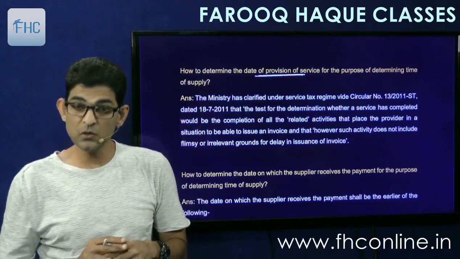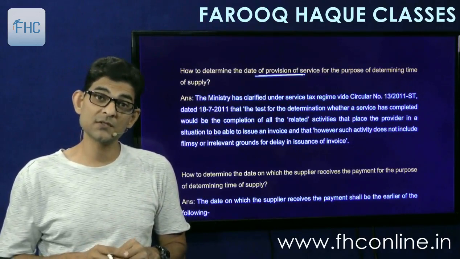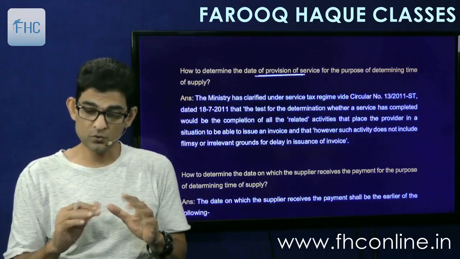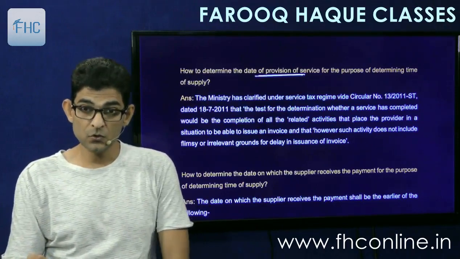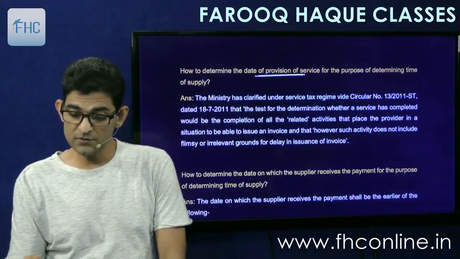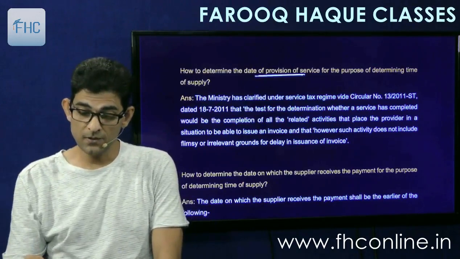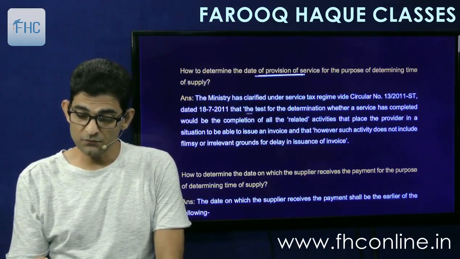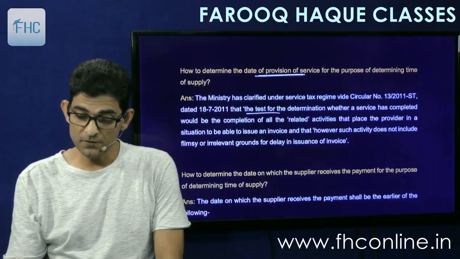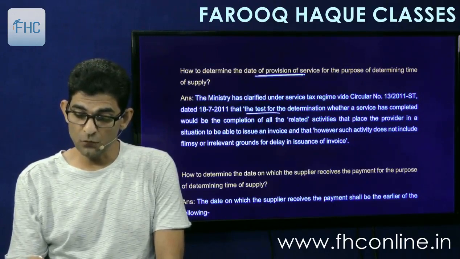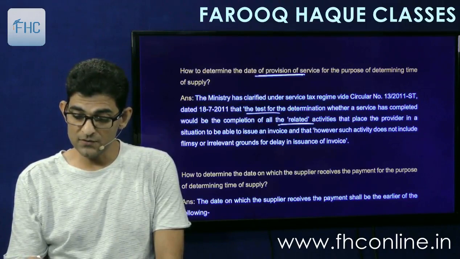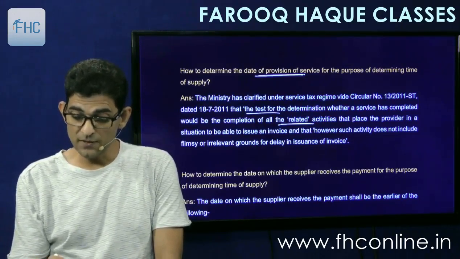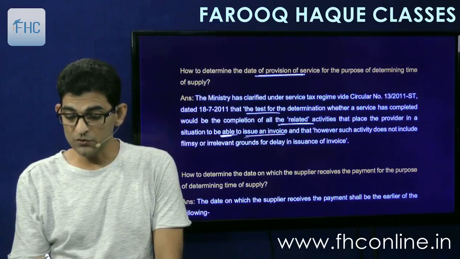Now this is an old circular which was applicable under service tax laws, but it will continue to apply in GST also. The ministry had clarified under the service tax regime, via Circular number 13 of 2011, that the test for determination of whether a service is completed would be the completion of all the related activities that place the provider in a situation to be able to issue an invoice.